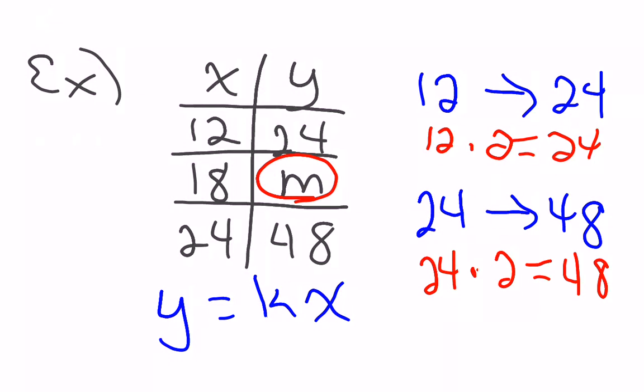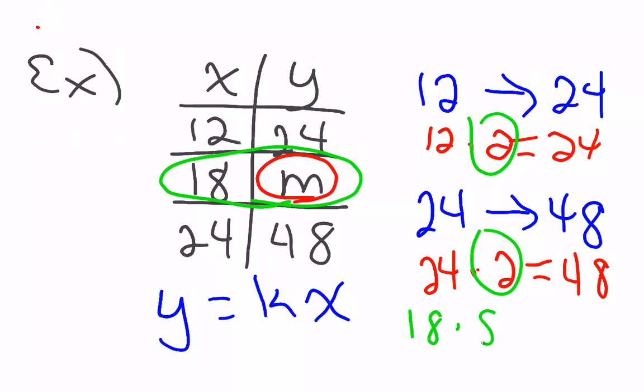And that answer is yes. So let's revert that back to what we need to find out. This right here. So if we know our constant is 2, we're going to take 18 and multiply that by 2, and that's going to give us 36. So m is 36.